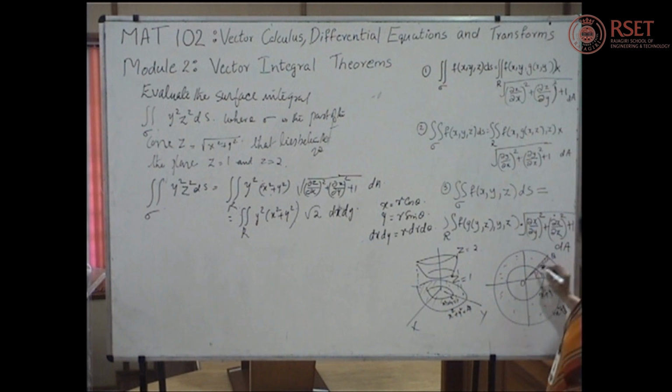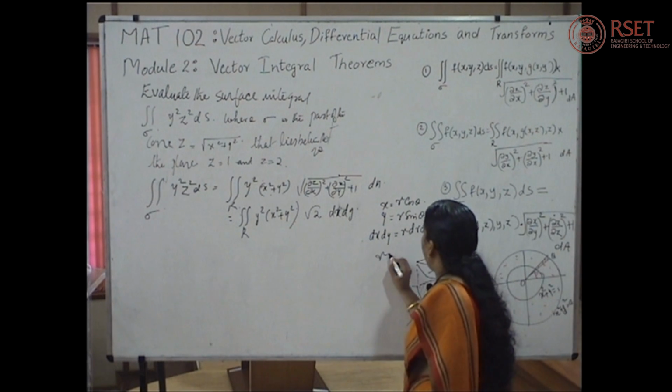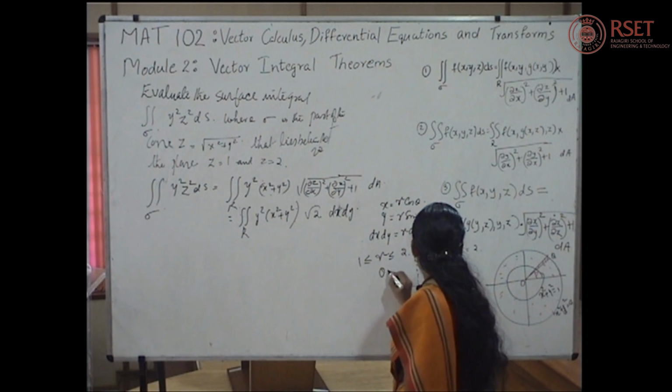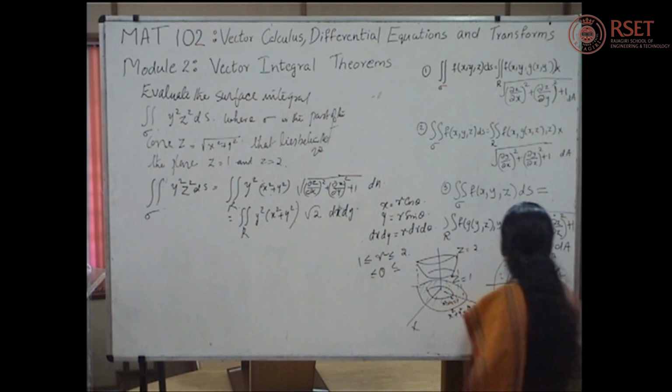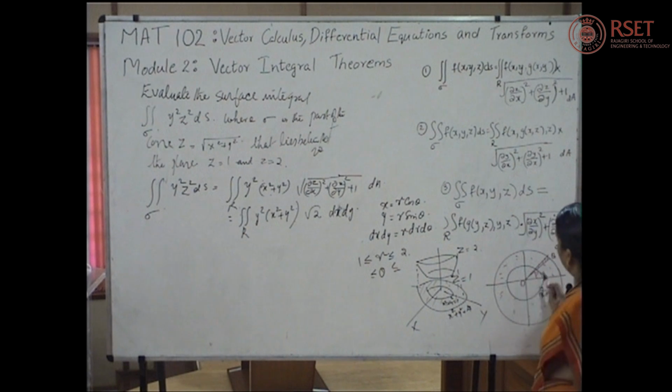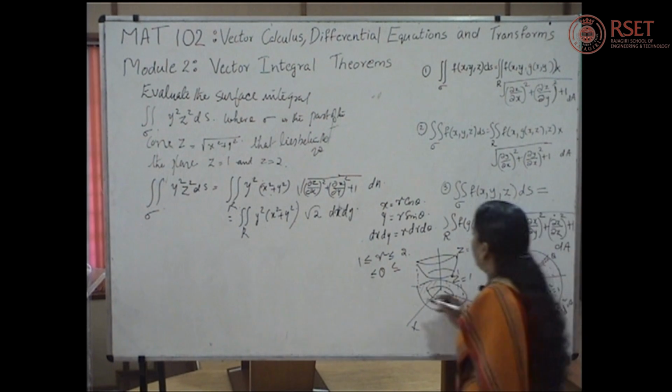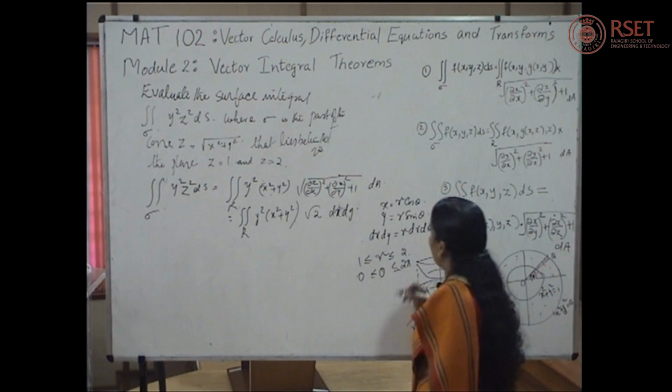The radial vector r varies from the inner circle to the outer circle. Therefore, r varies from 1 to 2. To describe the full region, the angle θ is the angle between the initial line and OQ. Then θ varies from 0 to 2π.